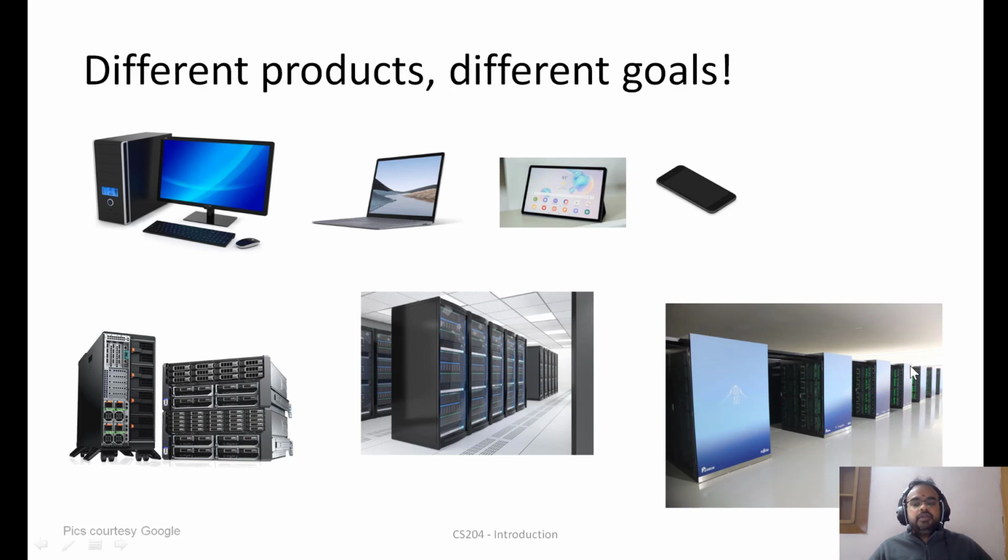Extending that is what we have as supercomputers. This is Fugaku by Japan. This is one of the fastest supercomputers at present in the world. This setup is highly optimized for performance when compared to a typical data center.